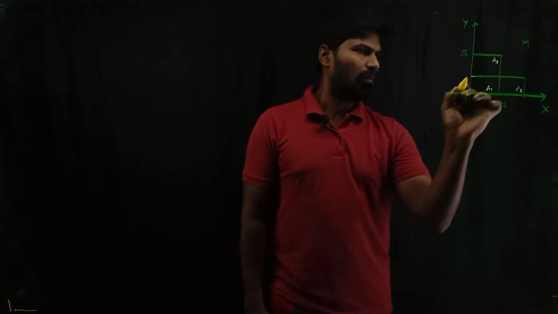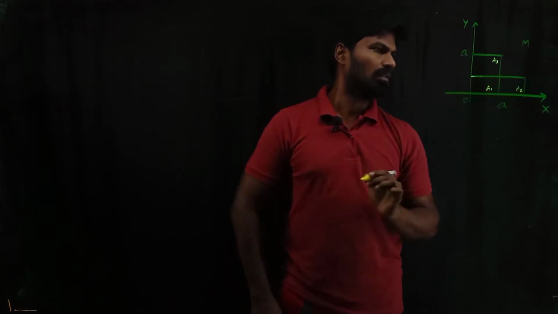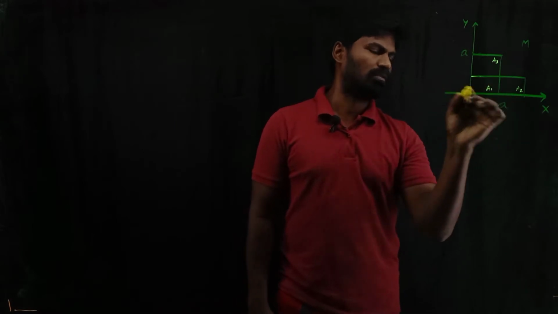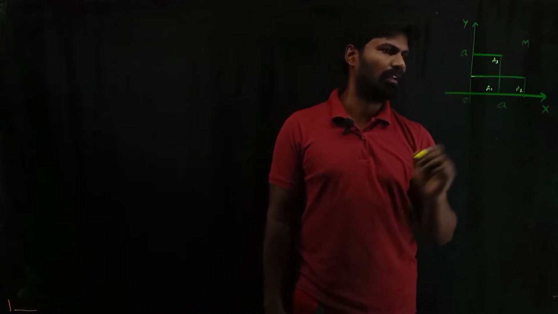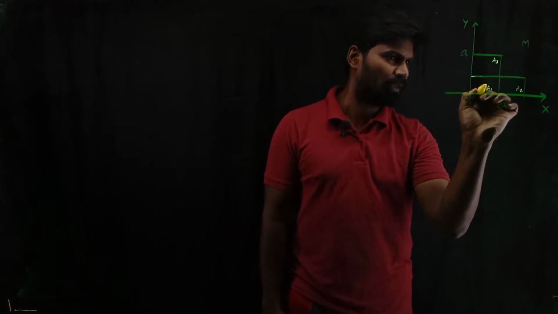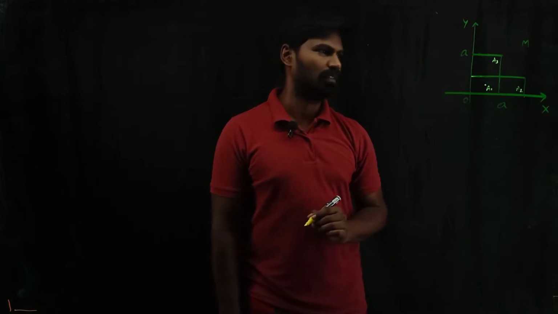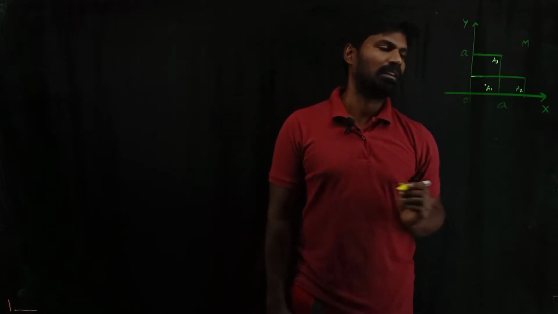And by symmetry I can simply say that this is a rectangular plate, or maybe square, whatever it may be. It is a regular shaped body, because of which its center of mass will be located exactly at the geometric center, the center of symmetry.